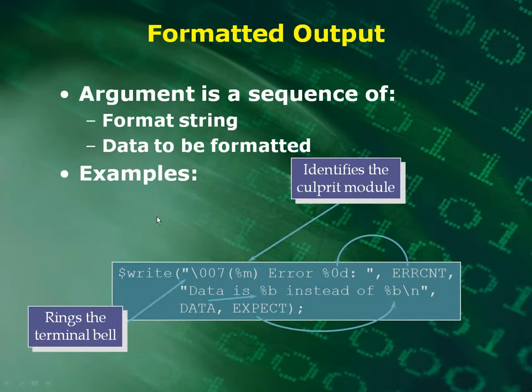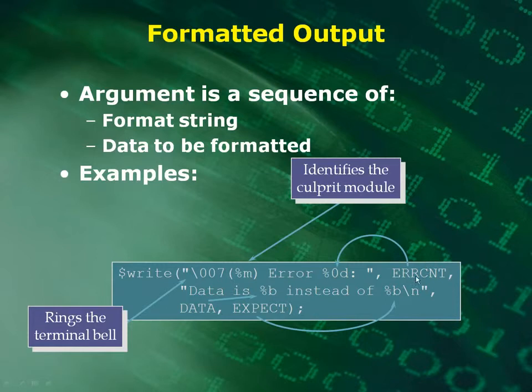So the argument is a sequence of a formatted string and data to be formatted. Here we're using the write statement, and there's our octal value, which could ring the bell on a terminal. And then we have that %m here, and that'll print out the actual module that this write statement is executing in. Notice there's no argument over here for it.